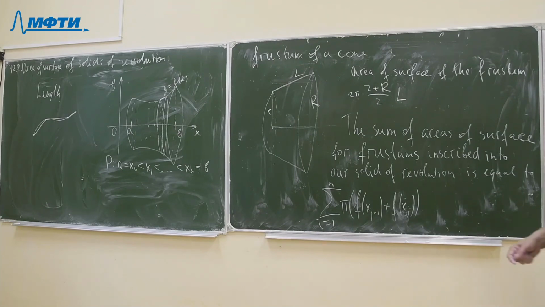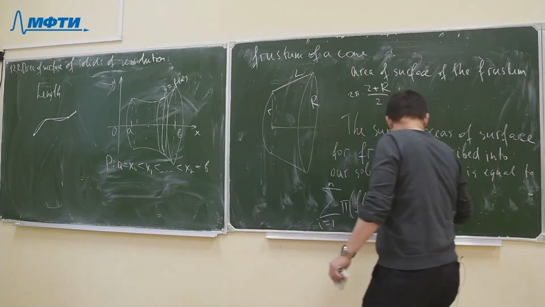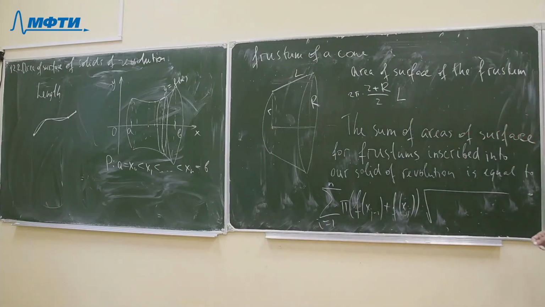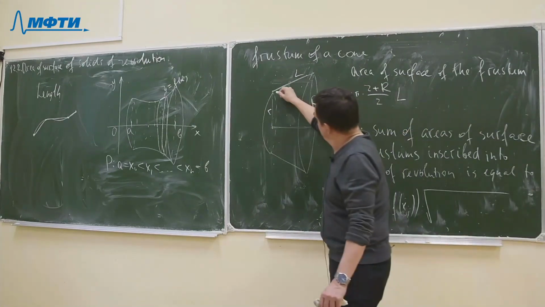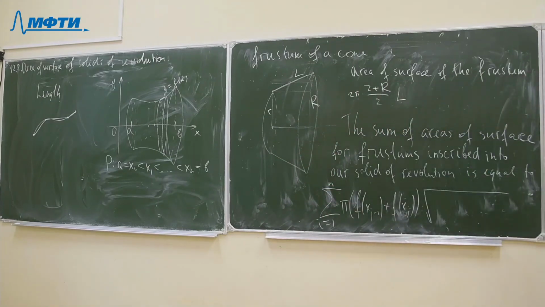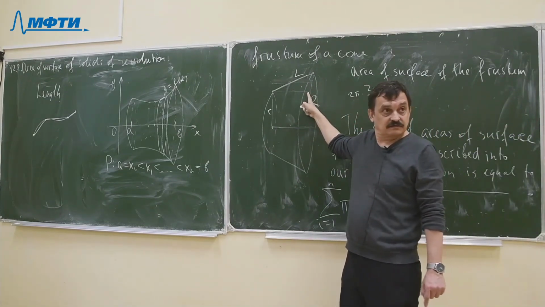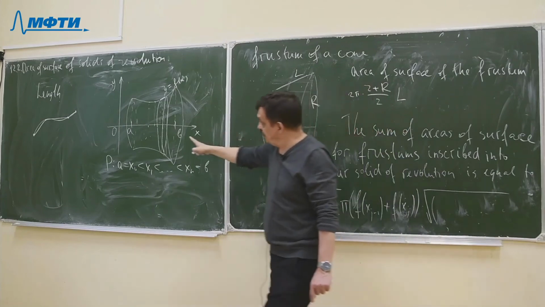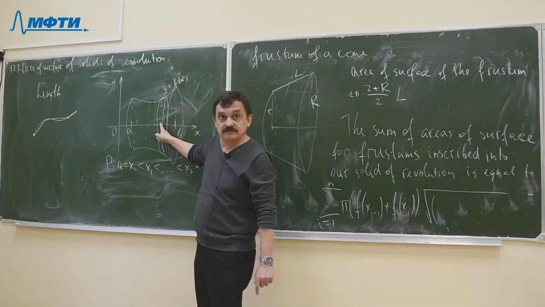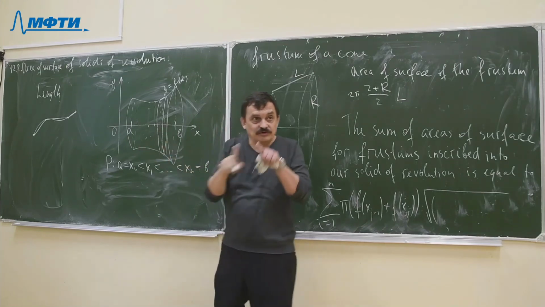It's the square root of what, by the Pythagorean theorem? The square root of this height squared, and this height is precisely delta xj, right? The difference between points of splitting.